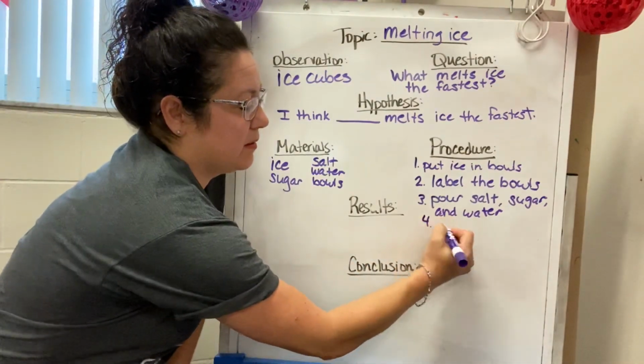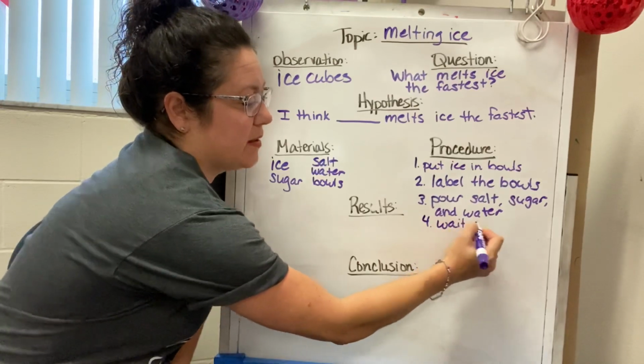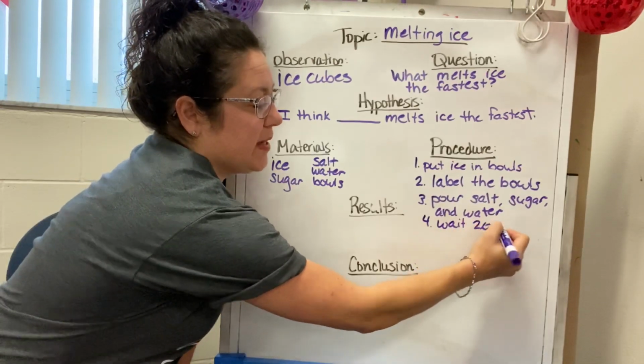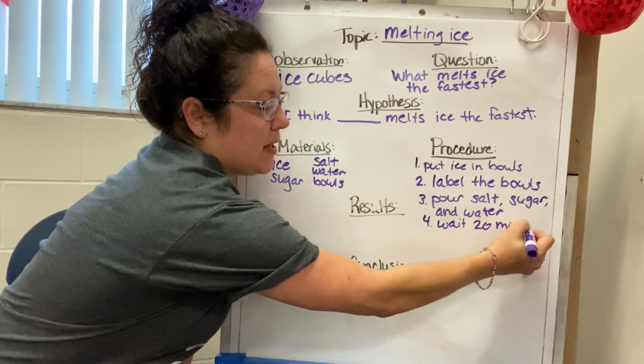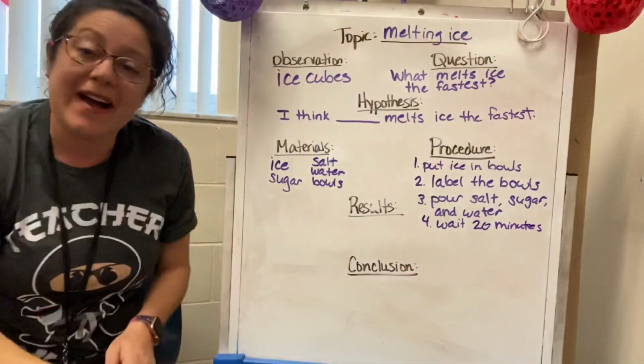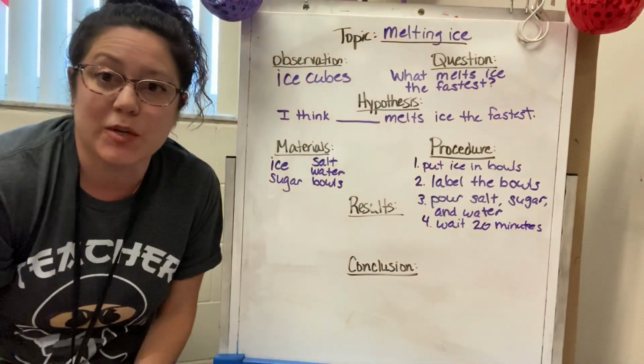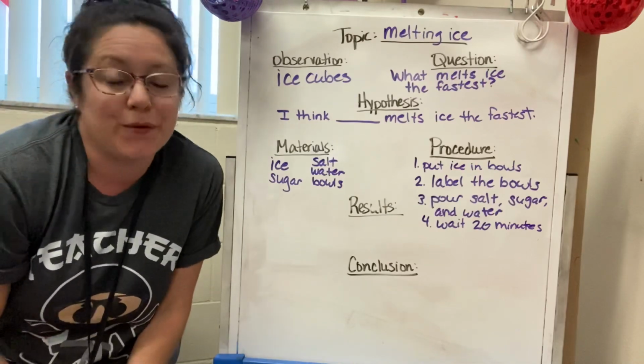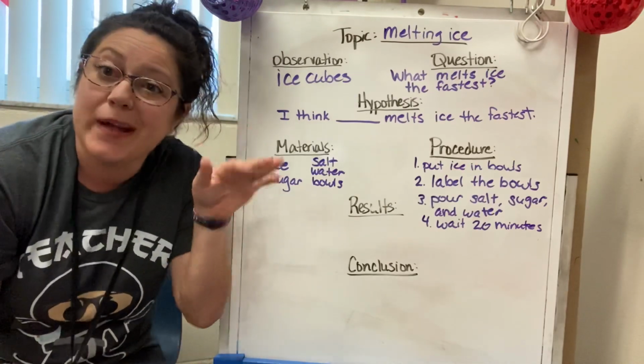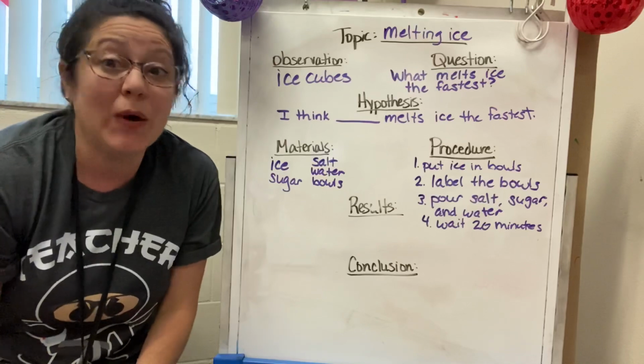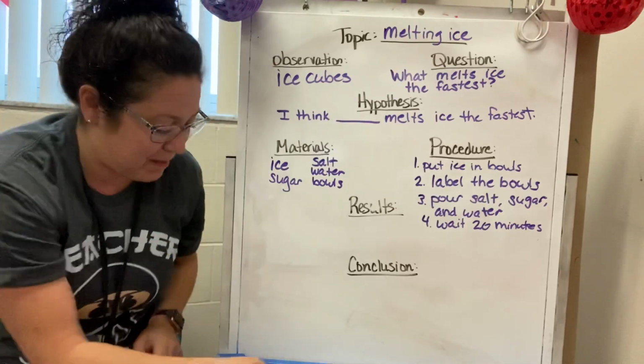Step 4, wait 20 minutes. So after you pour the things on the ice cubes, you need to set a timer, whether it's on your phone or on your microwave or your stove. You've got to set a timer for 20 minutes to see what's going to happen.